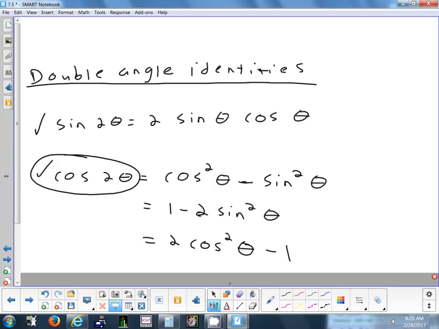Which Pythagorean one are you thinking of? There is a Pythagorean identity we know that would do exactly what I just asked. It would change that top one into any one of the ones below it.